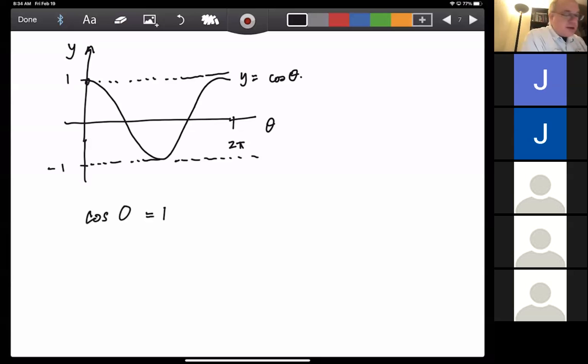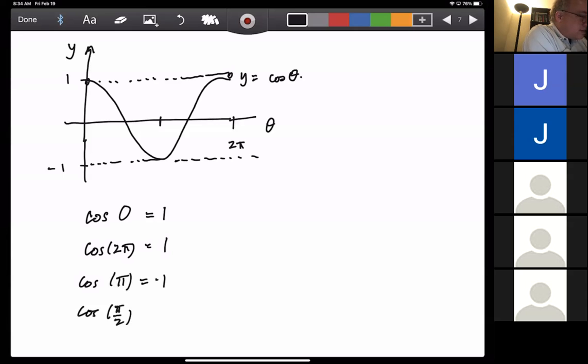Cosine of 0 is 1. The period of the cosine is 2 pi, so cosine of 2 pi, we're back at our starting point, is 1. Cosine of pi is -1. Cosine of pi over 2, that's right here, is equal to 0. Over here is 3 pi over 2.